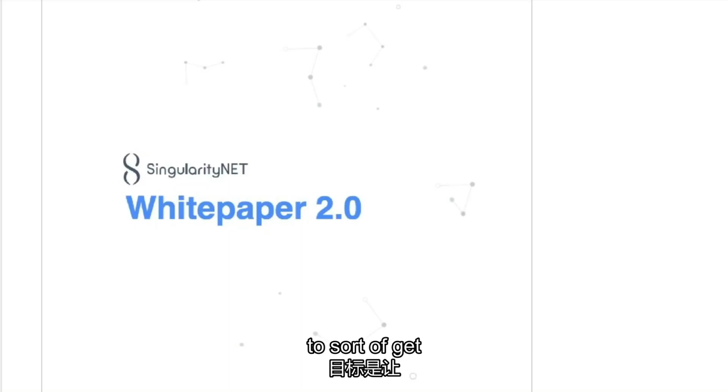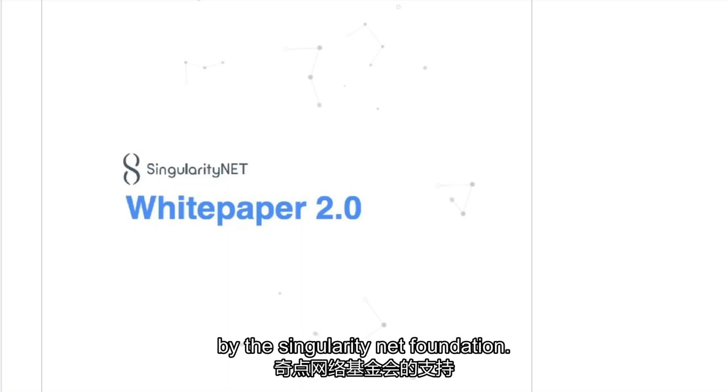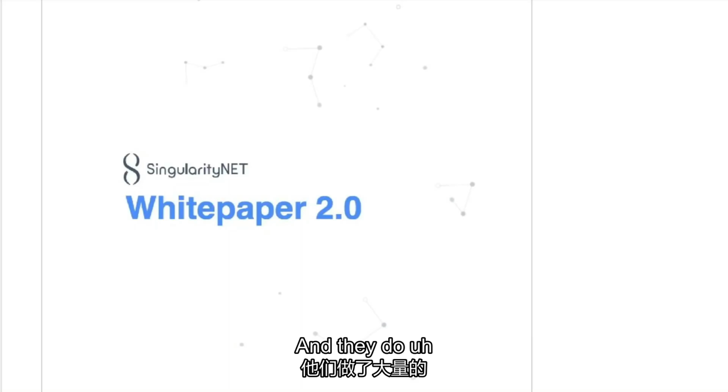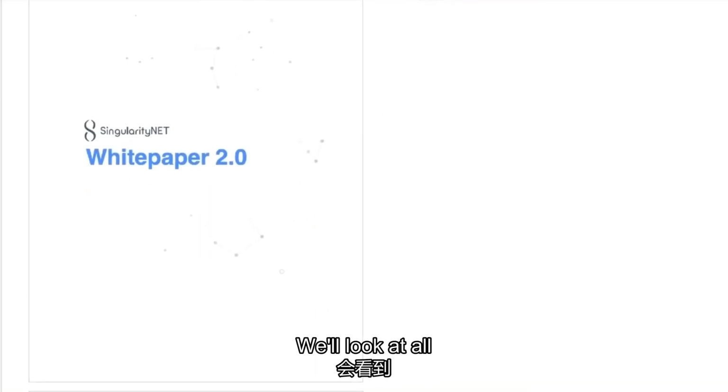And the goal is to get a network going of APIs that call APIs that call APIs, and have that build into a global AI, not only a marketplace, but as itself a global AI. This is backed by the SingularityNET Foundation, and they do a whole bunch of development of the platform, but also research on the platform. And we'll look at all of this today.